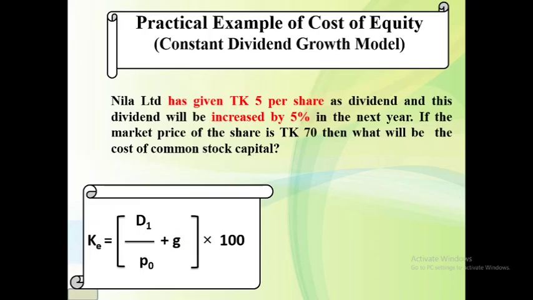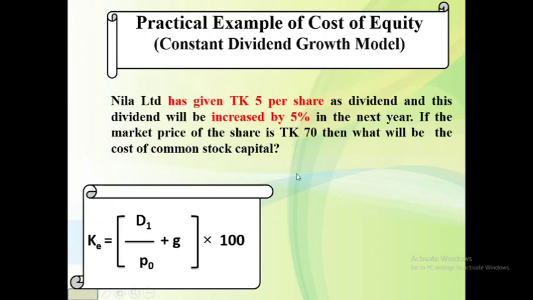Here we see an example of cost of equity under the constant dividend growth model. Nila Limited has given Taka 5 per share as dividend and this dividend will be increased by 5% in the next year. If the market price of the share is Taka 70, then what will be the cost of common stock capital?